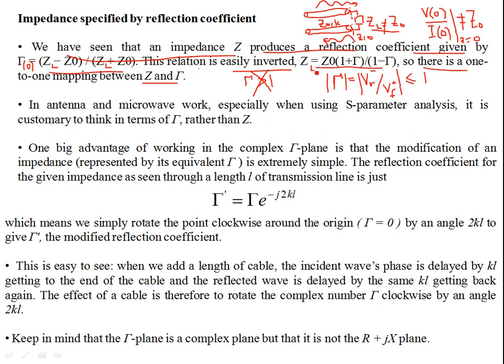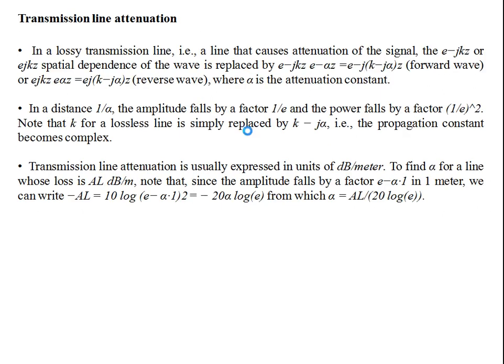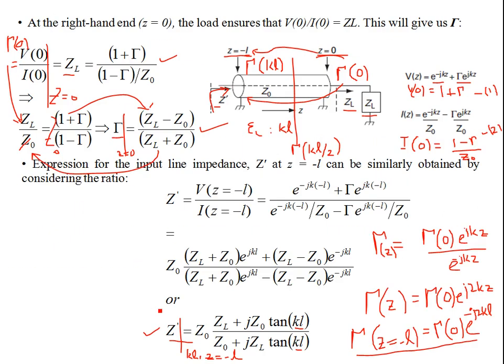Now, in antenna and microwave work, especially when you are using S parameter analysis, it is customary to think in terms of gamma. So gamma is a preferred choice rather than Z. If you're going to look down the line and you want to know what impedance is being transformed at, let's say, a quarter wavelength or half the wavelength, you can carry out this calculation from gamma itself, because gamma and Z have a one-to-one mapping.